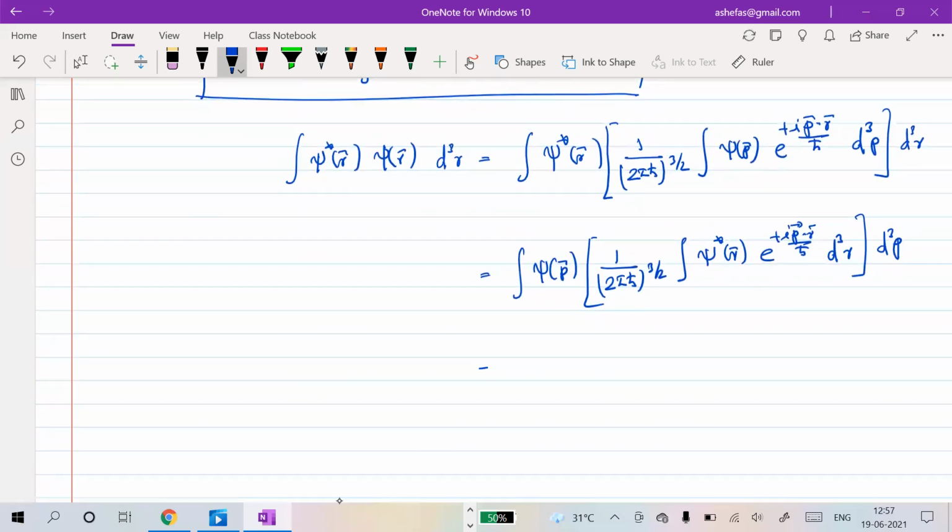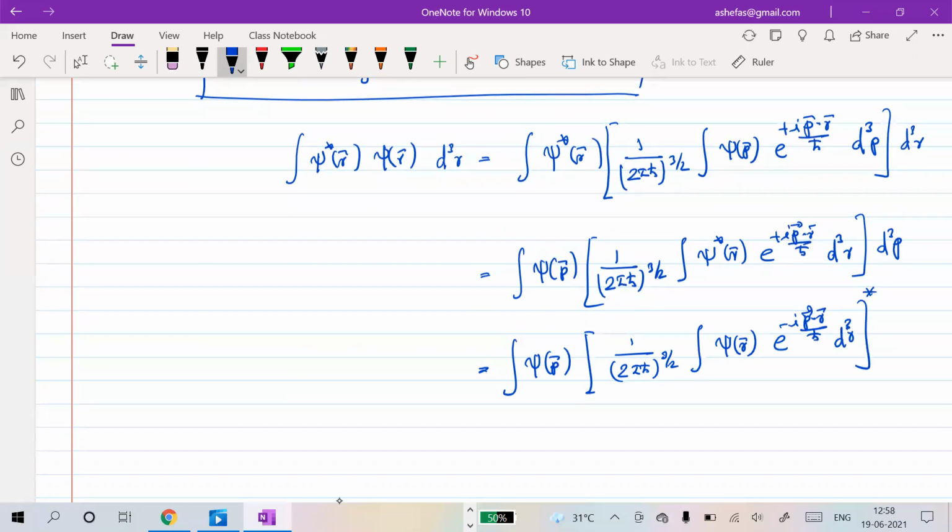Now we can write this as ψ(p) times the quantity 1 by (2πħ)^(3/2) integral ψ(r) e^(−i p·r/ħ) d³r, all complex conjugate. So we have taken the complex conjugate commonly outside this bracket, times d³p.